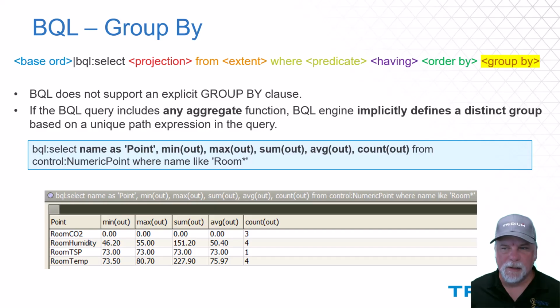And you can see in this example, although I only need one aggregate function, I have multiple aggregate functions in the projection, but I have a unique path expression like name. So that allows it to find the control points that all have the same name, and it applies the aggregate functions to those then using that grouping.